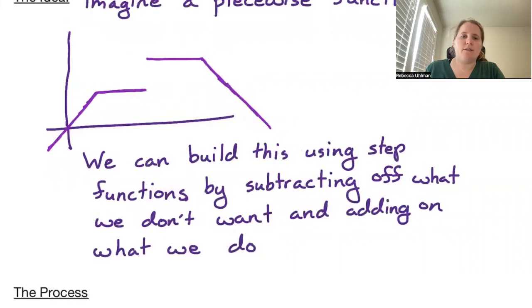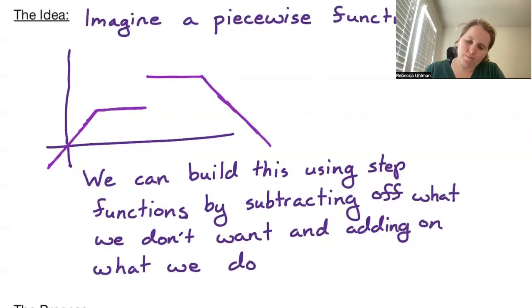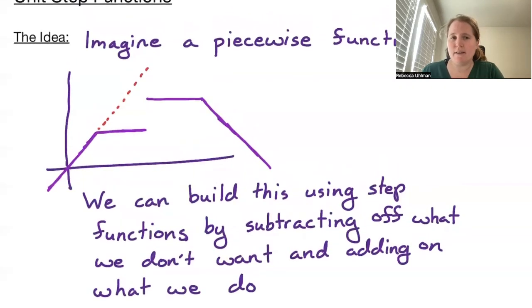So what we can imagine is starting off with that whole line, y equals t, but then subtracting off the part we don't want from the unit function.